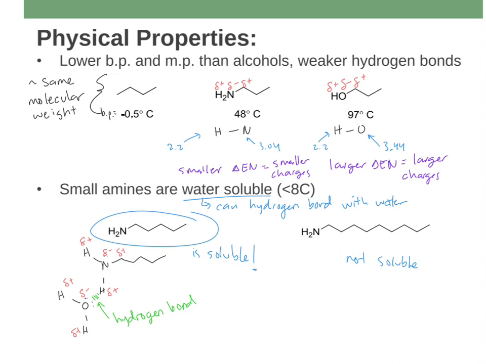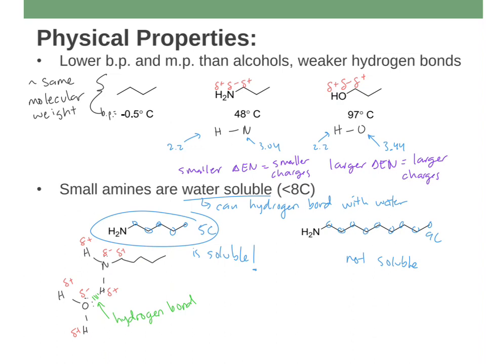The one on the left has 1, 2, 3, 4, 5 carbons. This is a 5-carbon chain, and this is a 9-carbon chain, too much. That's not soluble. That's not going to be very miscible with water.